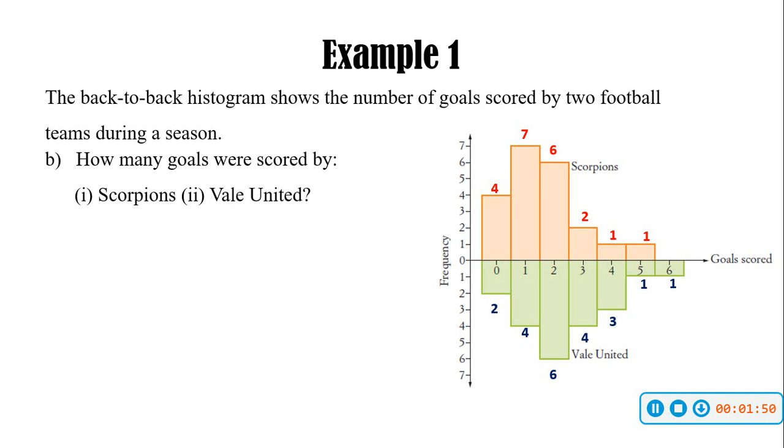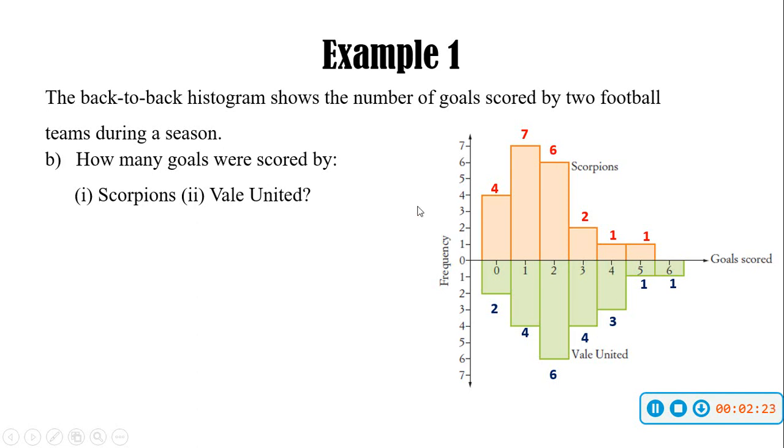Part B. How many goals were scored by Scorpions and then Whale United? Now this time it's how many goals. So in each of the 4 games there were no goals scored, so the number of goals scored is 0 times 4, 0. In each of these 7 games 1 goal was scored, so the number of goals is 1 times 7, 7. In each of these 6 games 2 goals were scored, so the number of goals is 2 times 6, 12.